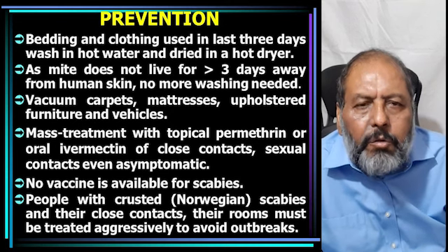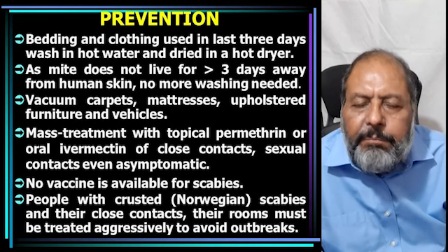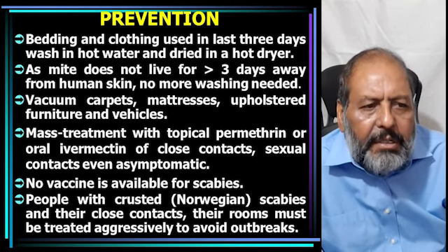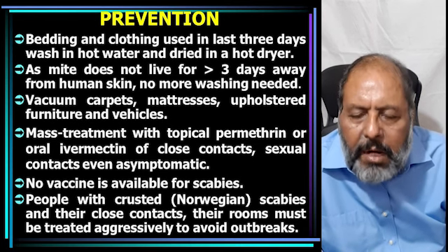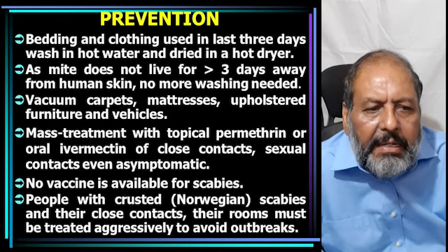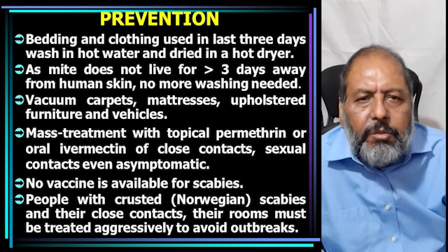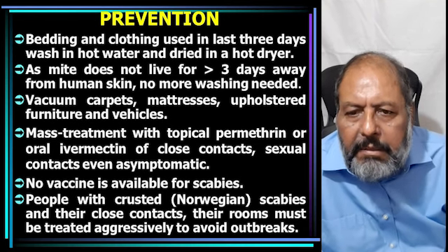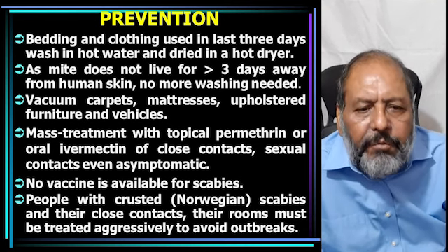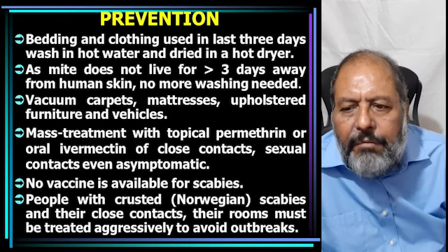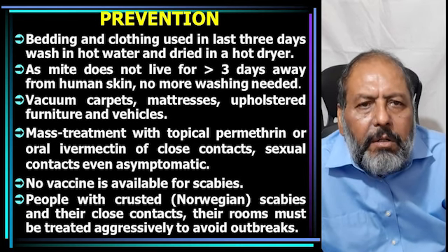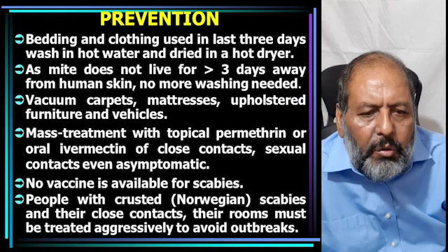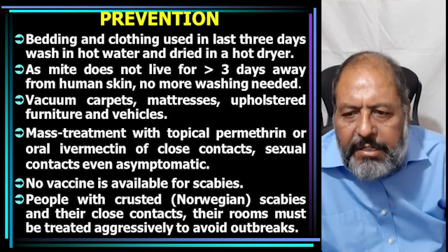Now, how to prevent the disease? Bedding and clothing used in the last 3 days should be washed in hot water and dried in a hot dryer, so that one can kill all the mites present there, as the mite does not live for more than 3 days away from the human skin or the true host, so no more washing is needed.